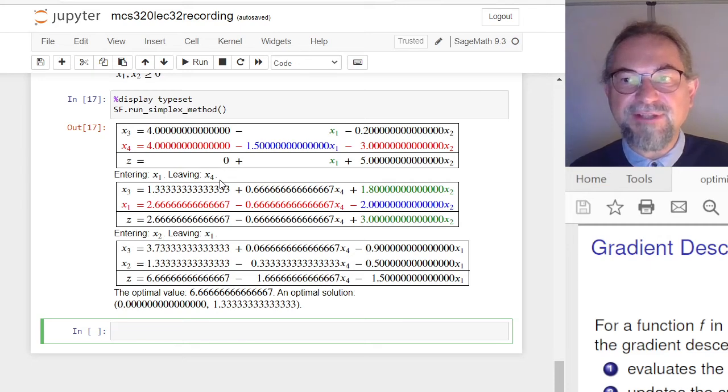So I was saying this now wrong. So then the variable that comes in is the other variable, x2. So I was using another pivot rule than what is used here.